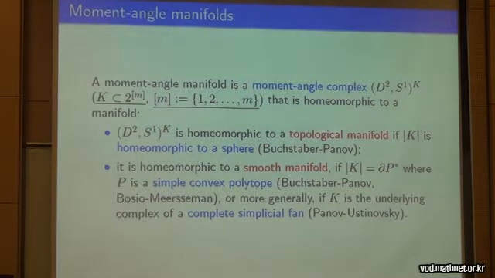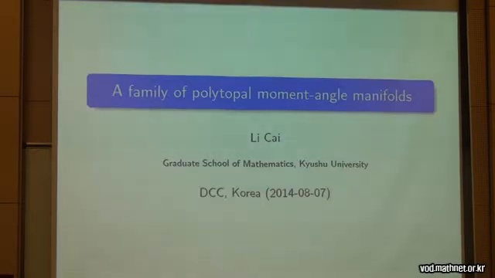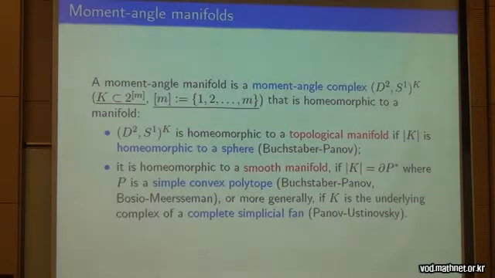A more recent result by Panov and Ustinovsky tells that K can be the underlying complex of a complete simplicial fan. But these two conditions are just sufficient conditions. This characterization in both situations is not complete. And in both situations, for the smooth case, these are all piecewise linear spheres.